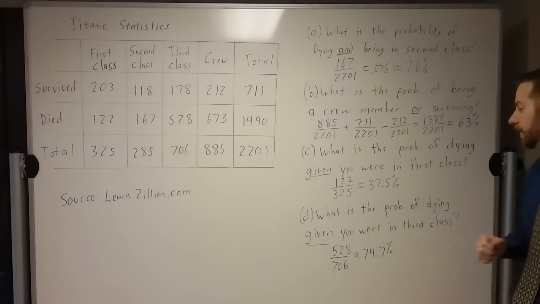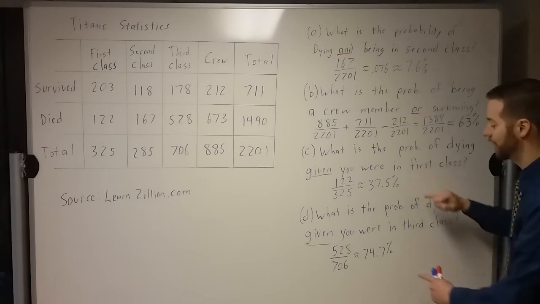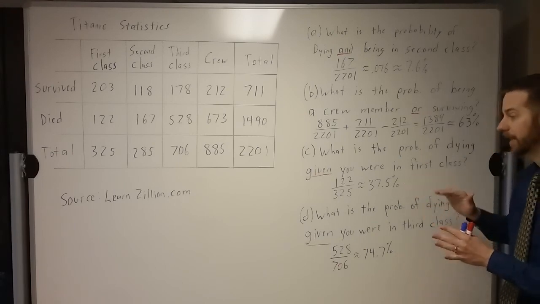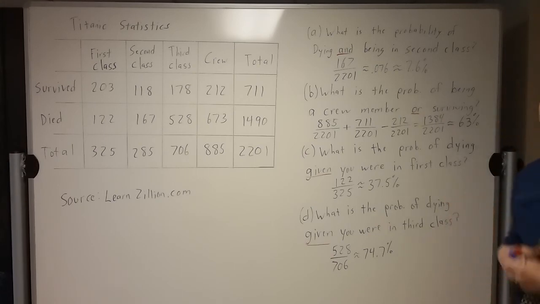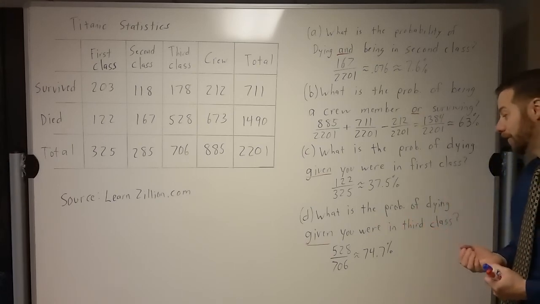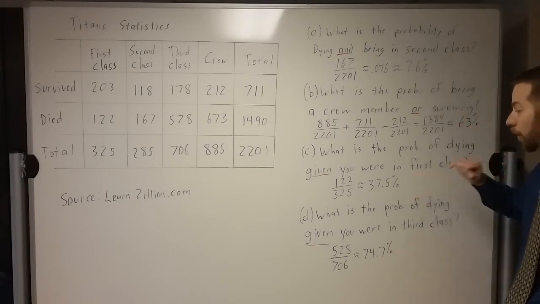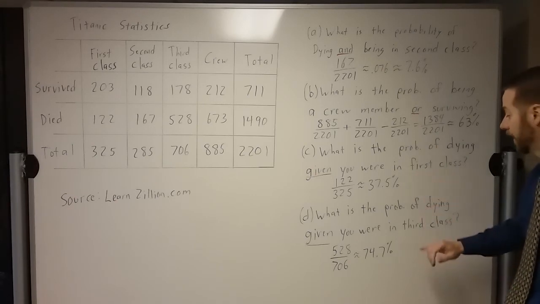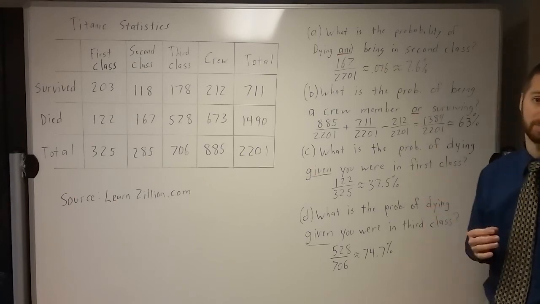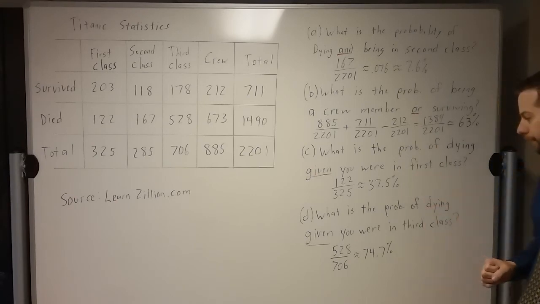If we found both of these percentages and they came out to really close to the same thing, we would say that the class you were in did not matter. But here, it definitely made a difference. First class passengers were much more likely to survive, much less likely to die than third class passengers. And so it did make a difference here.